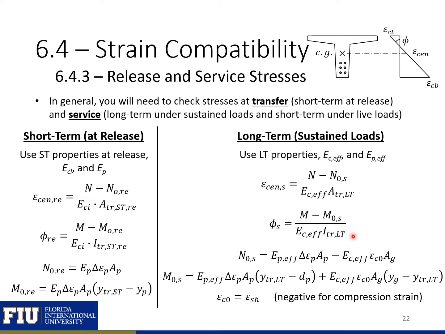The other change here is we need to include the shrinkage strain into our decompression force and decompression moment. So we can include those here, and just note that shrinkage strain is compression. Our sign convention for compression is negative, so we would plug in a negative number into these equations.